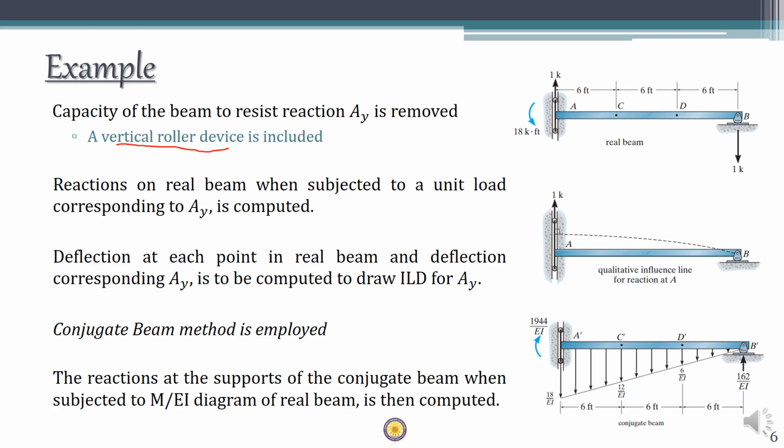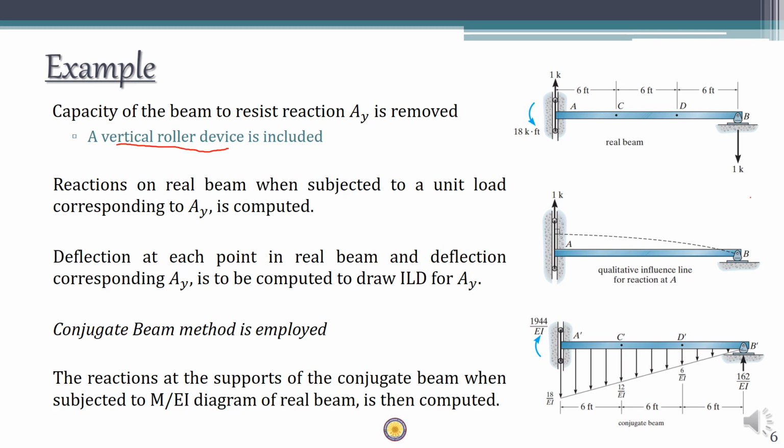Then we apply a unit force corresponding to AY, say 1 kilonewton, acting upward along the direction of AY, which means that the reaction at B is going to be a vertically downward force of 1, because there is no other force acting, right? So if we apply 1 here, there is a resulting reaction of 1 downward.